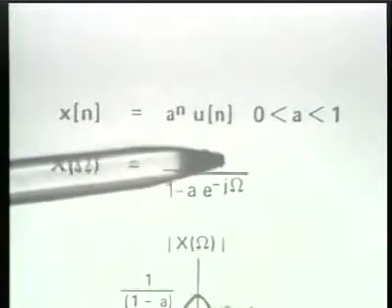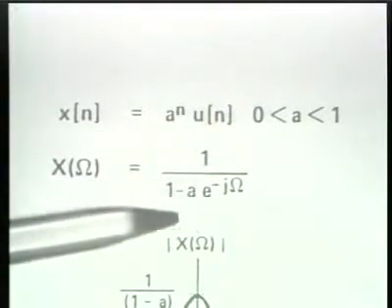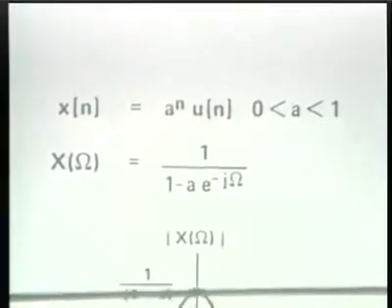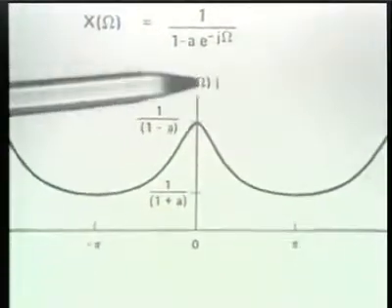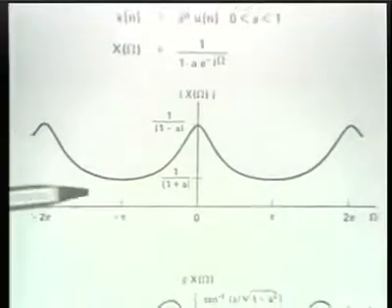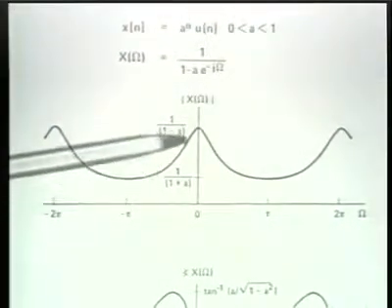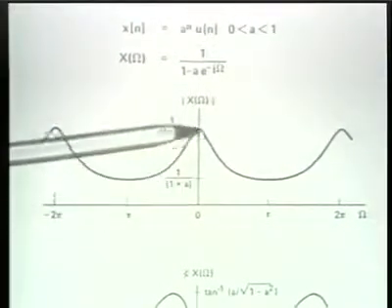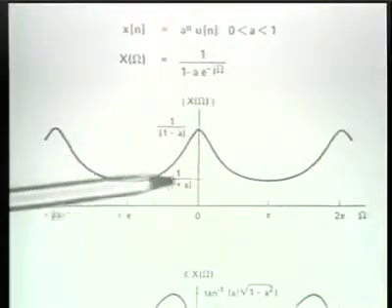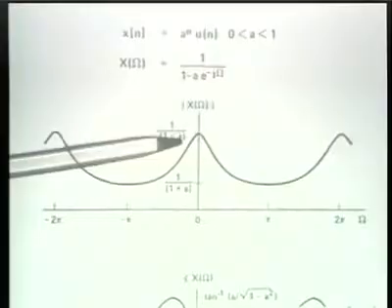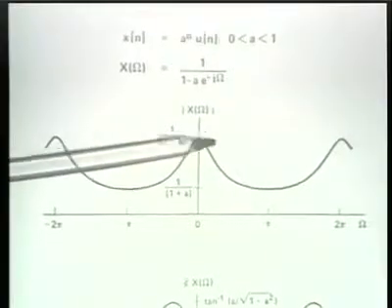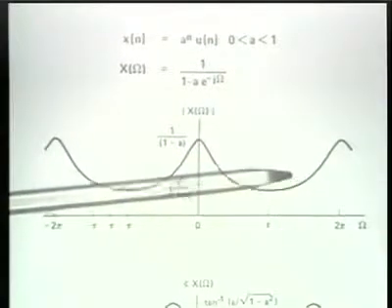And if we look at its magnitude and angle, the magnitude I show here. The magnitude, as we see, has the properties that we indicated. It is an even function of frequency. Of course, it's a function of a continuous variable. And it, in addition, is periodic with a period of 2 pi.